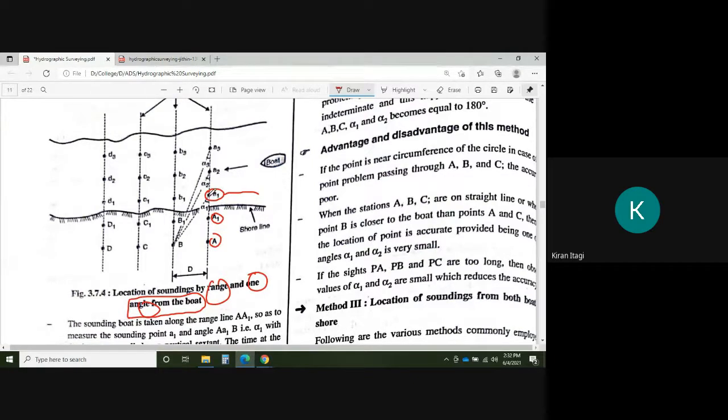When they are on the ranging line, they will take the angle towards B. Then, as the boat moves along, they will do sounding, then move forward and come to BB1. The person standing at BB1 ranges them to move a little this side or that side, until they come in a straight line.